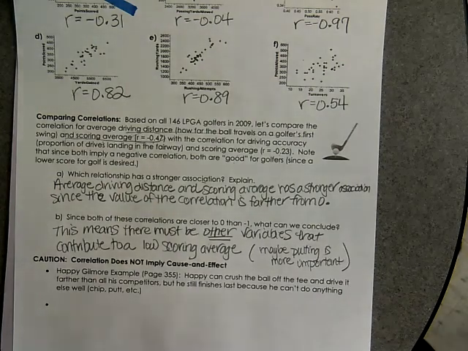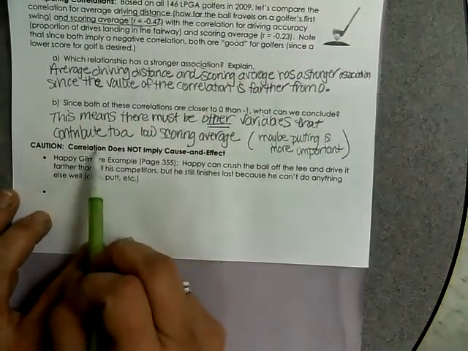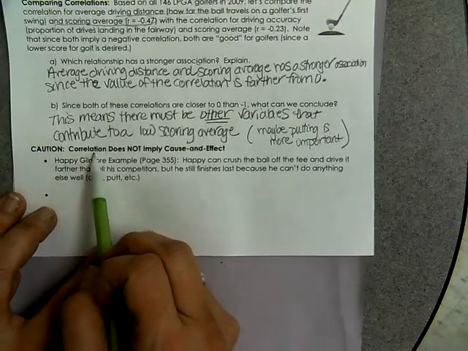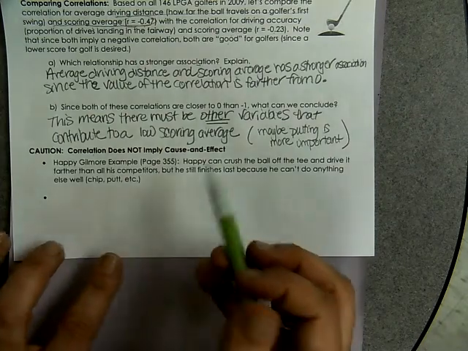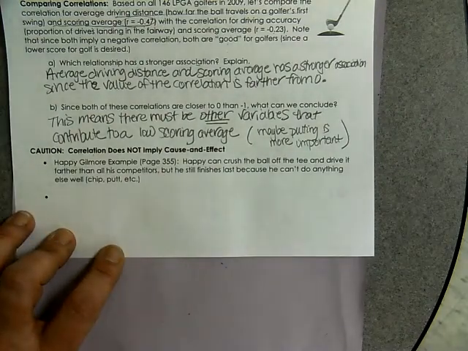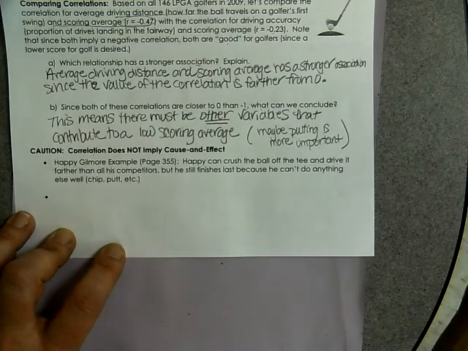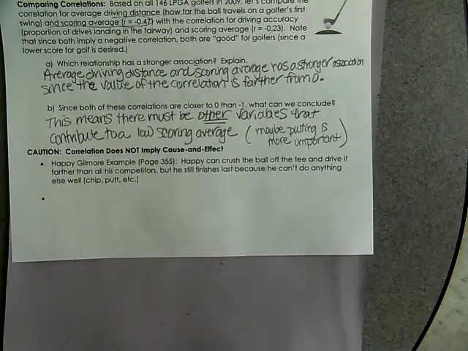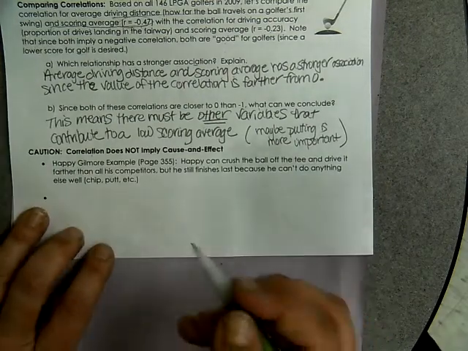Okay. So then again, I just want to re-emphasize what we talked about in the previous lesson, that association, and in this case correlation, does not imply cause and effect. The textbook on page 355, if you'd like to read, because I'm sure you read it every night, talks about a Happy Gilmore example. It says that Happy can crush the ball off the tee and drive it farther than all his competitors, but he still finishes last because he can't do anything else well. Okay?